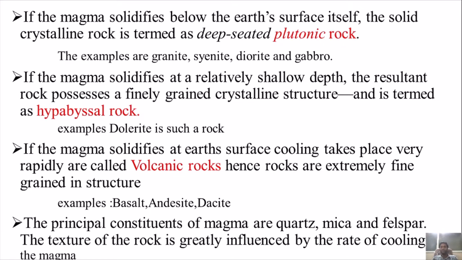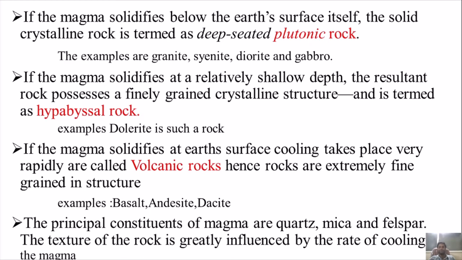So basically what will happen, the grain size of your rock is dependent on the rate of cooling of magma. If the magma or the lava cools very fast, then what will happen?